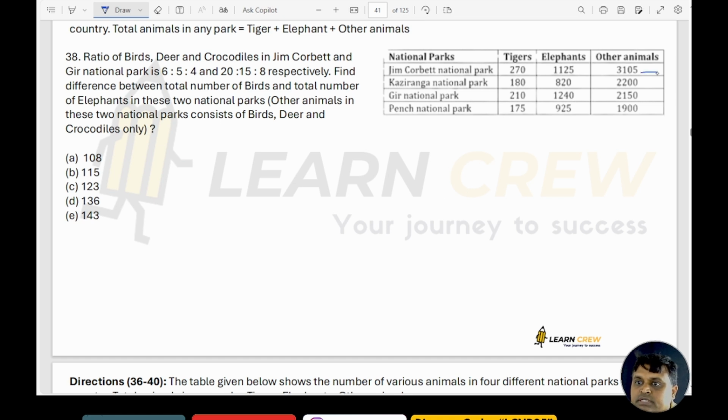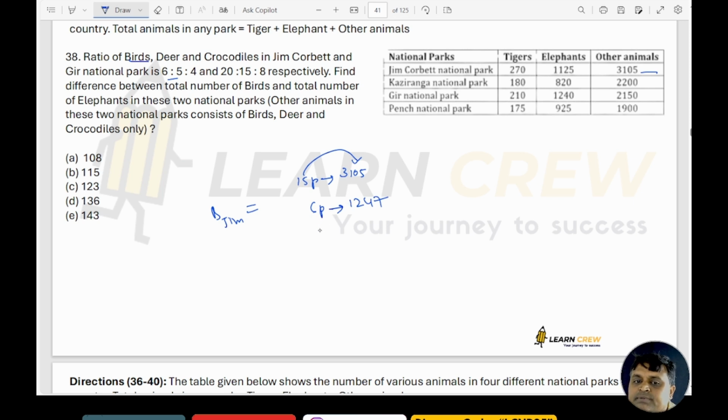The total is 3105, which is 15 parts. Birds would be 6 parts. 15 times 207 is 3105, so 6 207s are 1242.